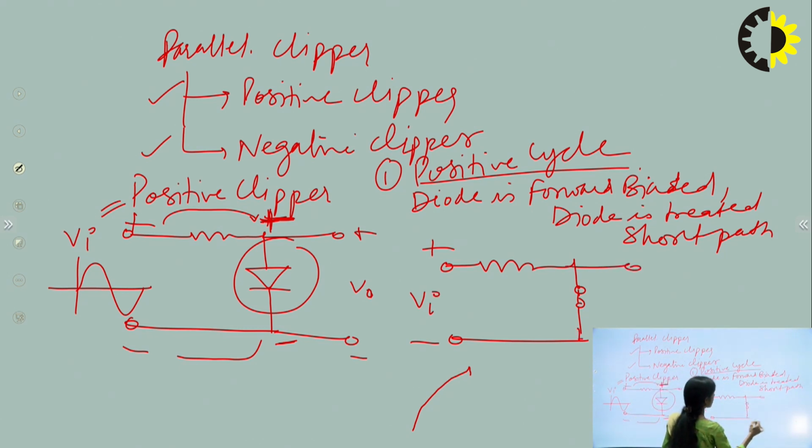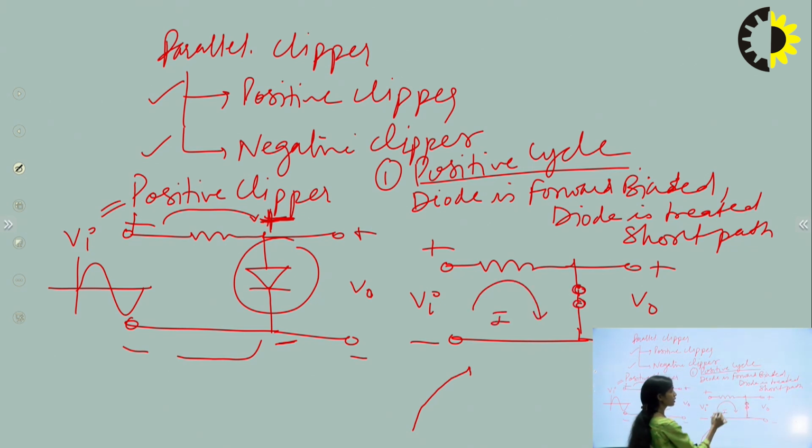Now what will be the output? The concept is that I have to take the output across the diode. Even if the current is flowing, the output obtained is 0 because across the short path the voltage drop is 0. That's why the output will be 0. So for the positive cycle, no signal is obtained at the output.